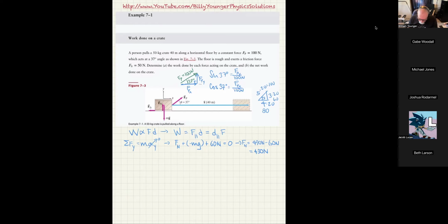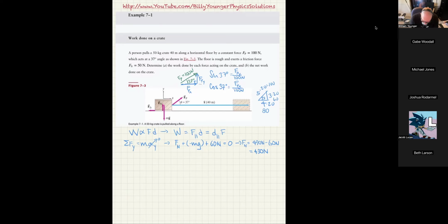So we now know all the forces acting in the y direction are the normal force, which is 430 newtons, the weight, which is 490 newtons in the opposite direction, and the 60 newtons is an upward directed force that's a result of the FP being applied at 37 degrees.